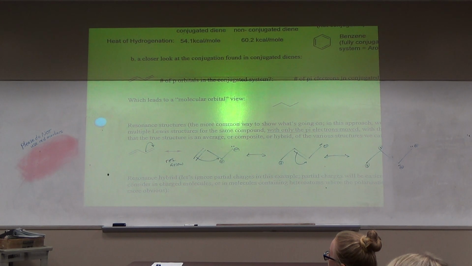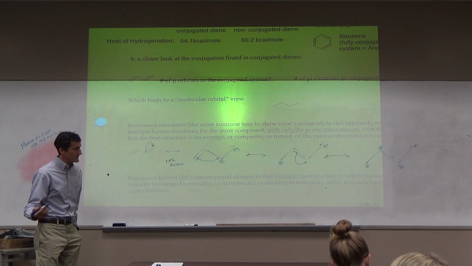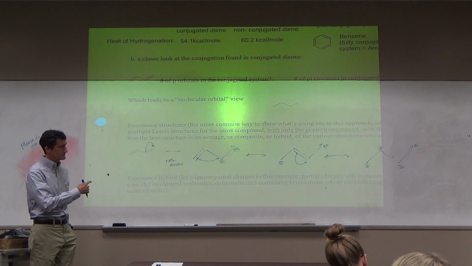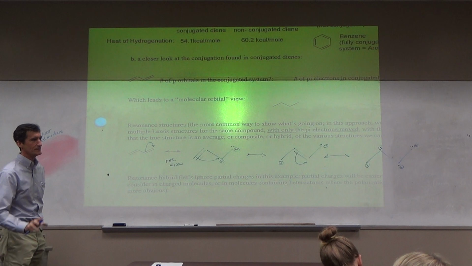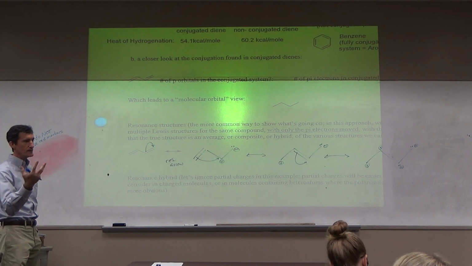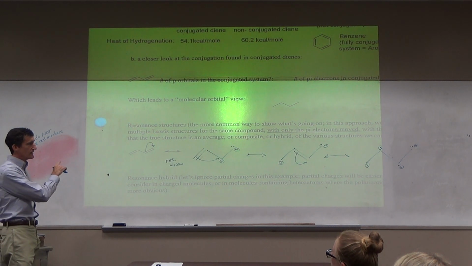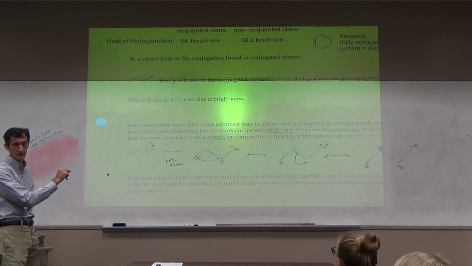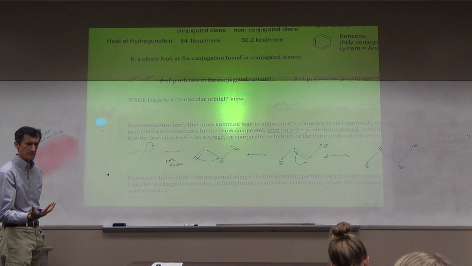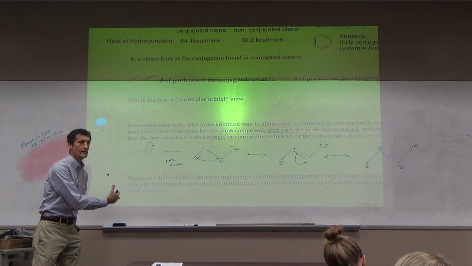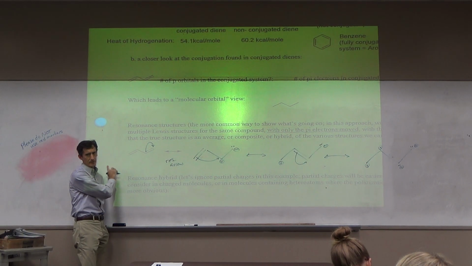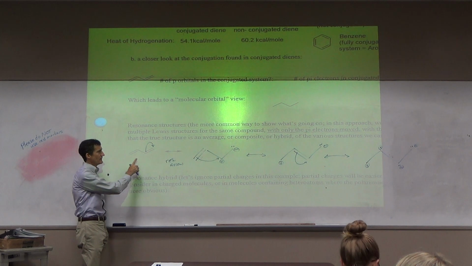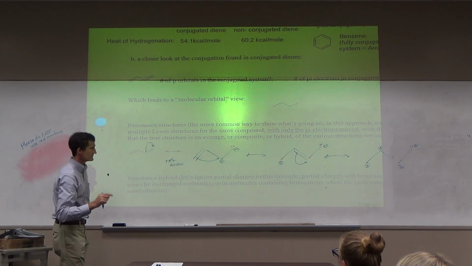You got to be careful though, because some of the questions just have to be clarified, and if you take the question the wrong way, you're going down the wrong road. This is one compound. So when you say it's more stable, then that means perhaps another compound is less stable. Yes, this is more stable, but you got to know that it's really only one compound. This fake structure is more stable.